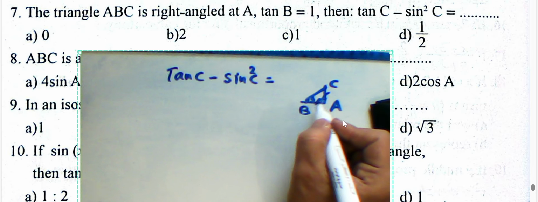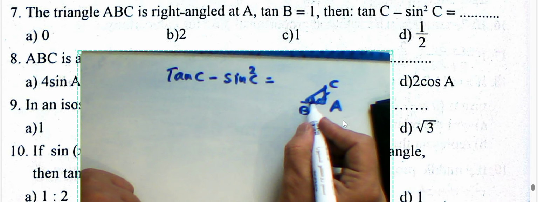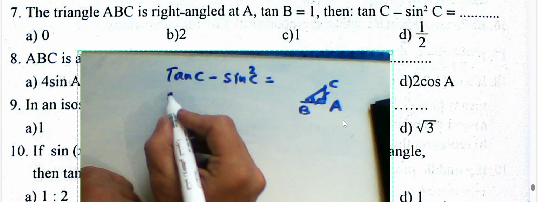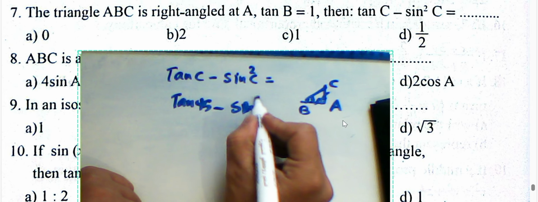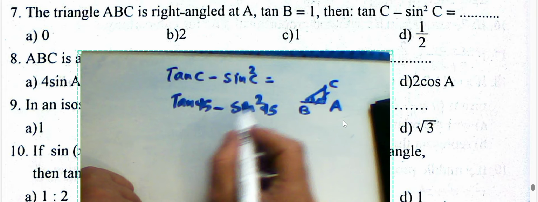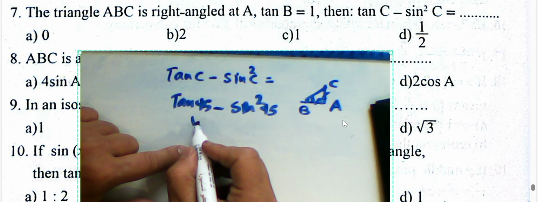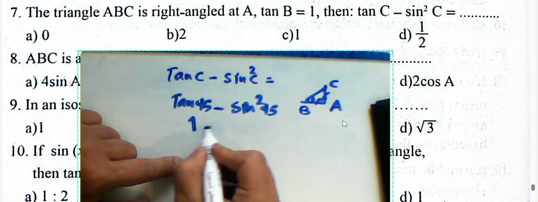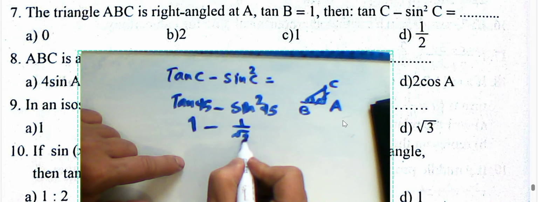It means we have an isosceles triangle because tan 45 equals 1, then the angle here will be 45. Then tan C will be tan 45 subtract sine 45, also to the power 2. Tan 45 will be 1, and sine 45 equals 1 over root 2.